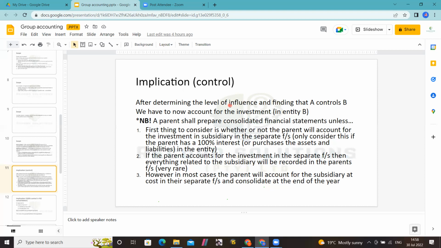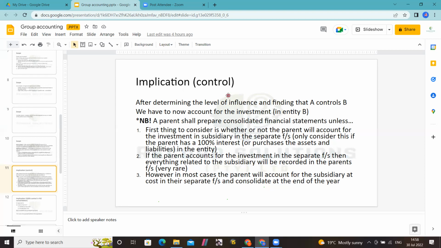After you have all of that, then you can consider IFRS 3, because you have a business and you have control over that business. Therefore, those two businesses are combining, so it's a business combination. When do you record transactions for business combinations?